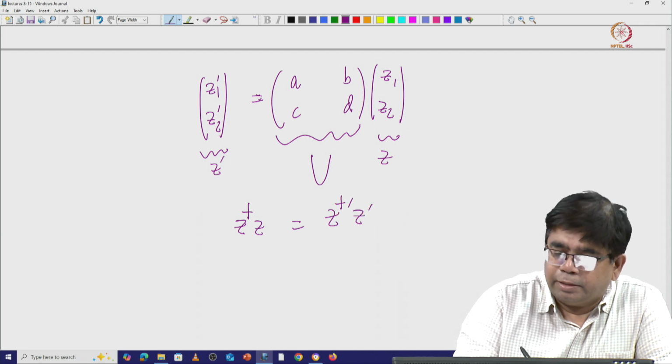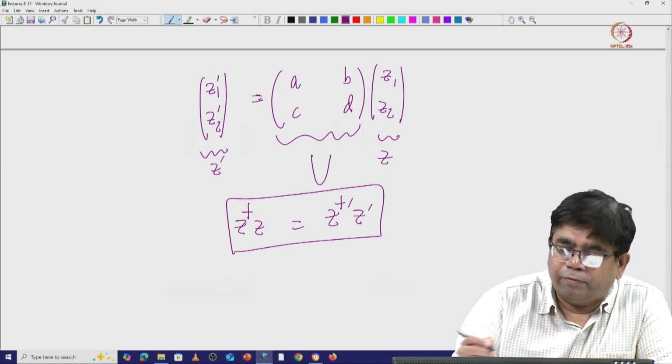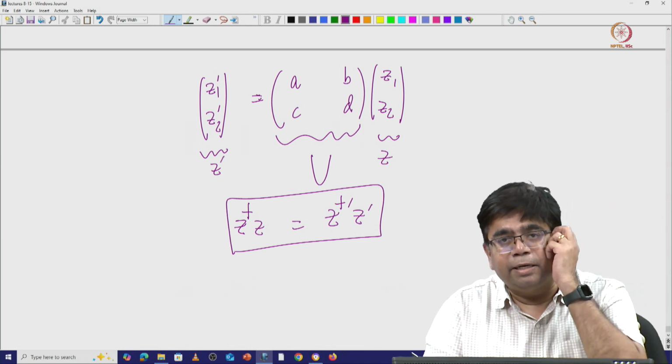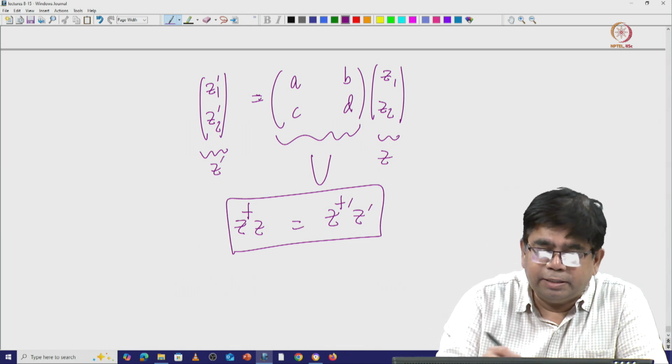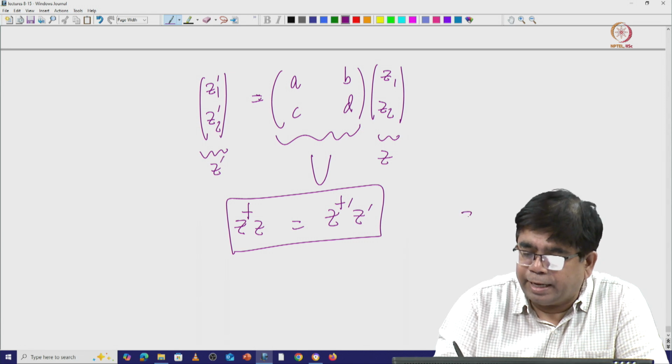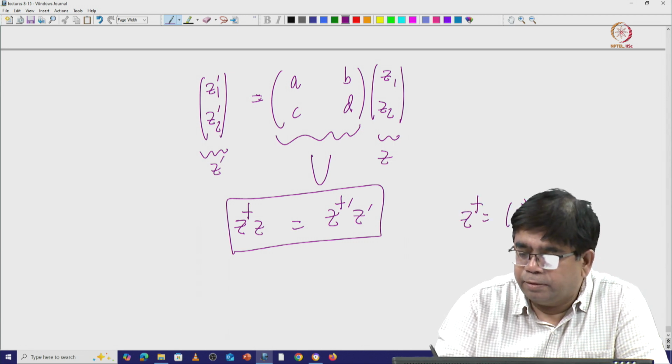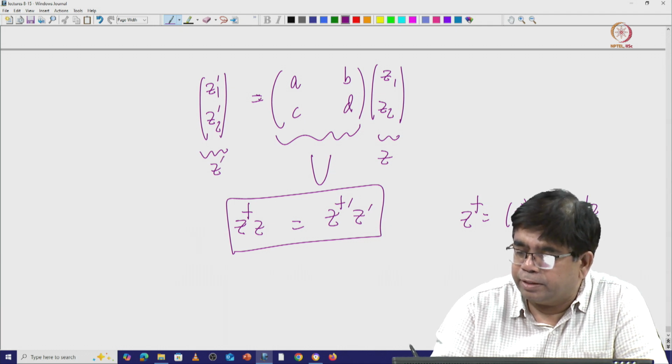That means z dagger z will be invariant. What is z dagger z? Z is this vector, so z dagger is z1 star, z2 star, and z is z1, z2.